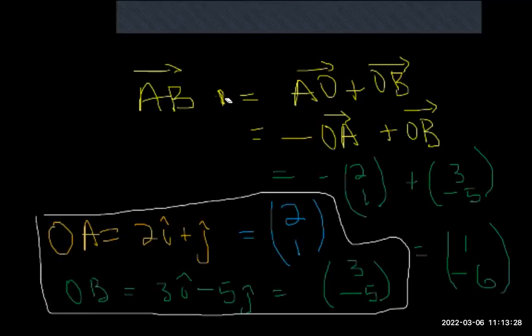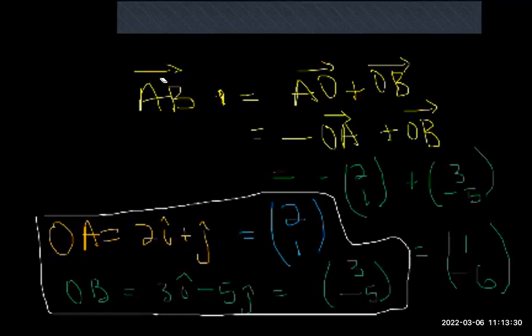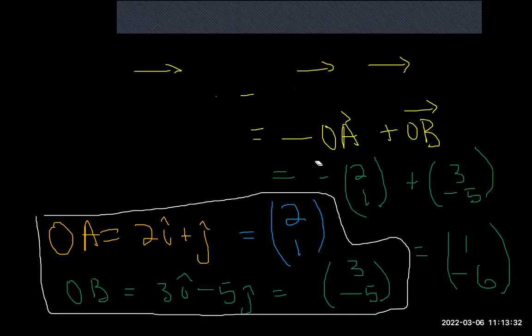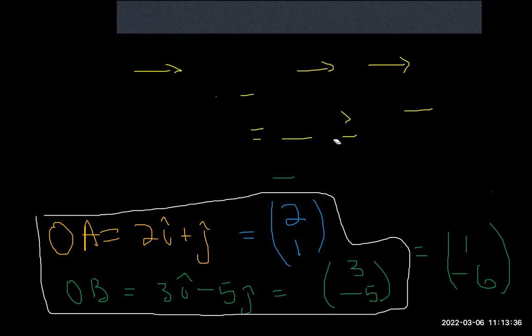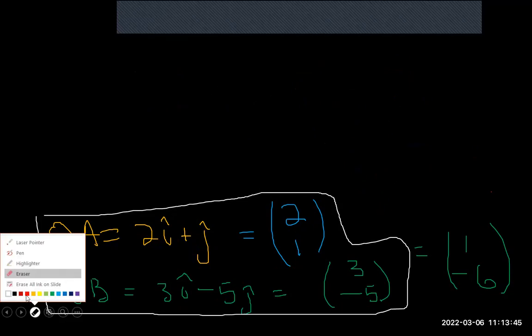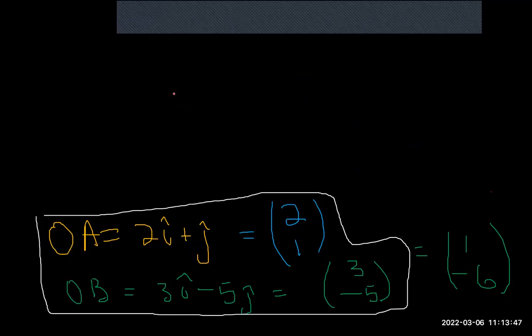But they did not ask me for the vector AB. They asked me for the magnitude. So I'm just leaving that part right there. And we know whenever they ask me to find magnitude, modulus, length, size, I have to apply the formula that states the magnitude of a vector. So in this case, AB is the square root of the x component squared plus the y component squared.